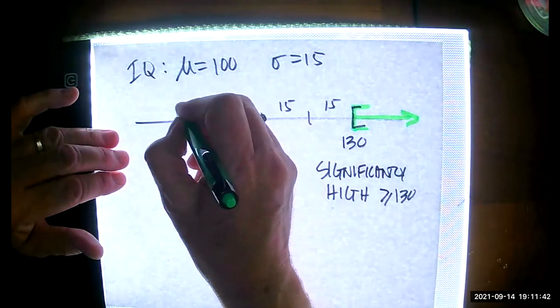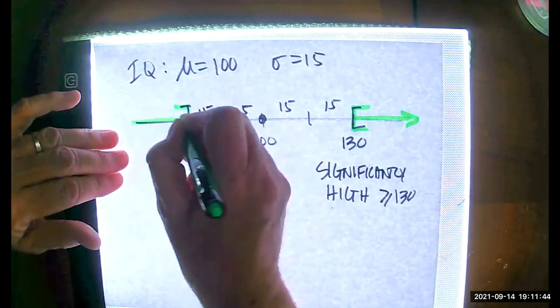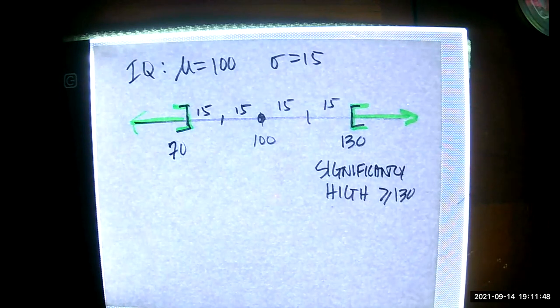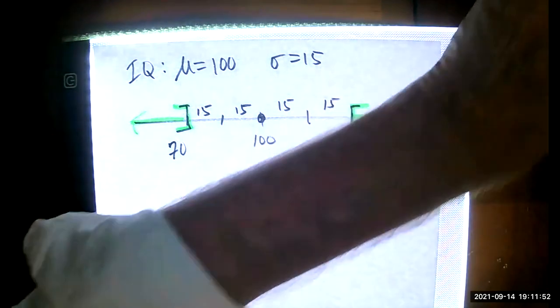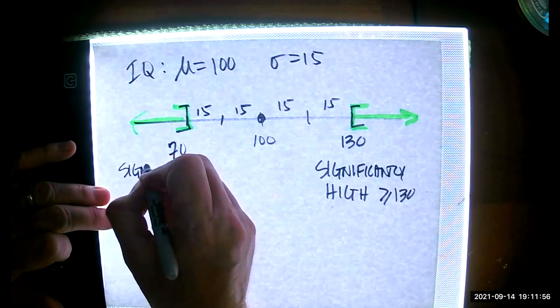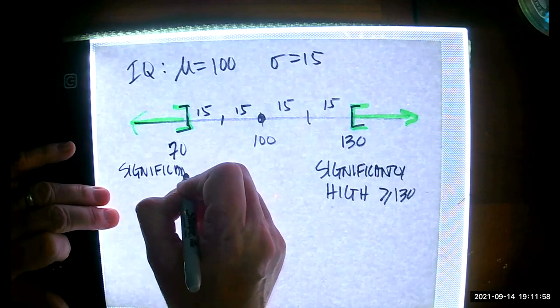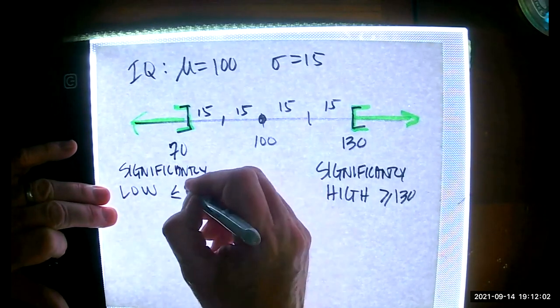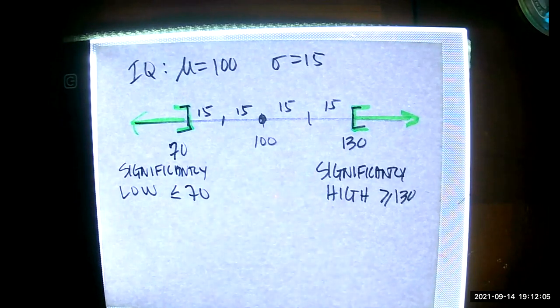Similarly, at the other end of the spectrum, and by the way, this is how we figure out who has true special needs, we have significantly low when we are less than or equal to 70 IQ points.